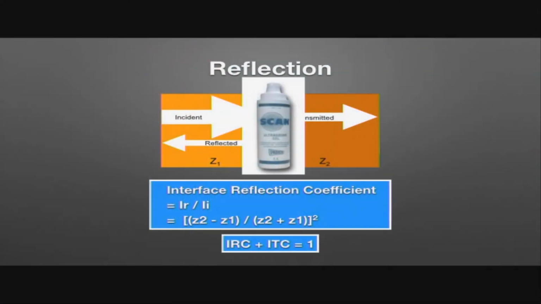If you've got a transducer probe positioned on the skin and you've got some air there, you're going to get a huge difference in acoustic impedance. That means the vast majority of the sound wave will be reflected back before it even gets into the tissue. This is the importance of using ultrasound gel, so that you get a medium, so that you don't get such great differences in acoustic impedance between the transducer probe and the skin.